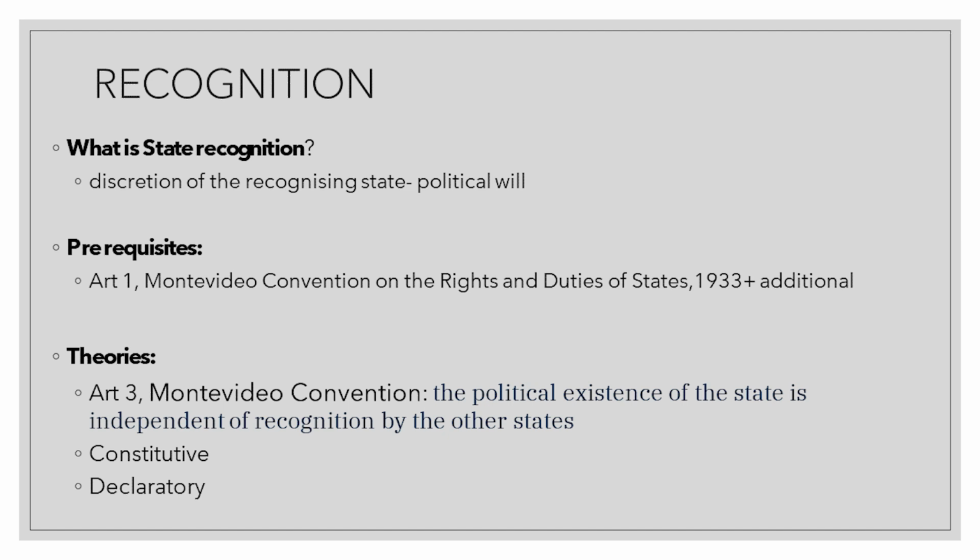Constitutive theory, as the name suggests, says that a state is constituted only when it is recognized so by other states. That means that state recognition will happen only when other states recognize it as a state, right?